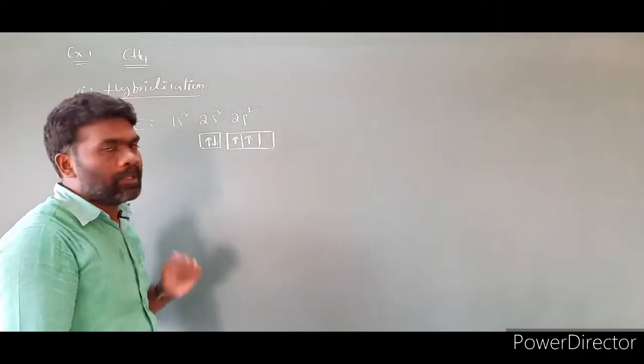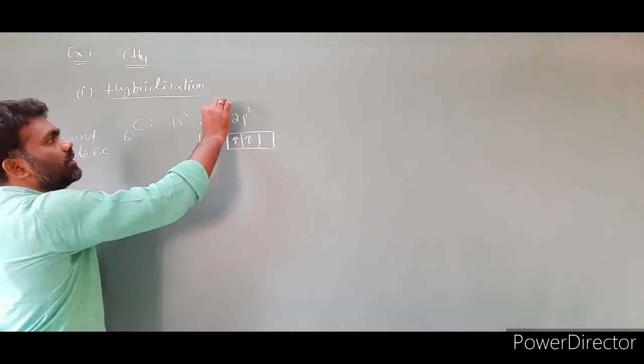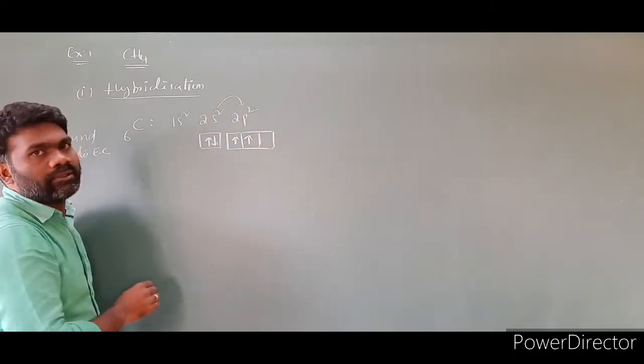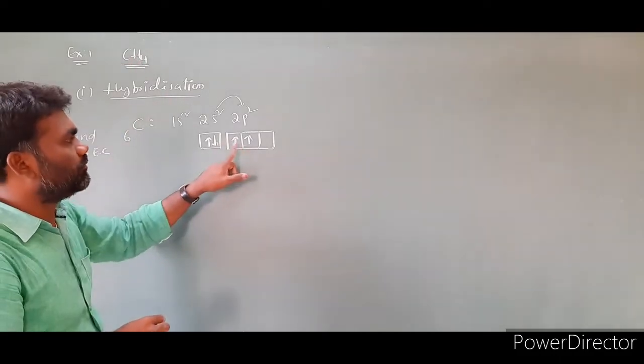Already we know this very well. Now we have to take the excited state. Here 2 electrons are there in 2s. 1 electron will be jumped to the p orbital, because we have 4 hydrogens and we have to make 4 bonds, so we need 4 single electrons.